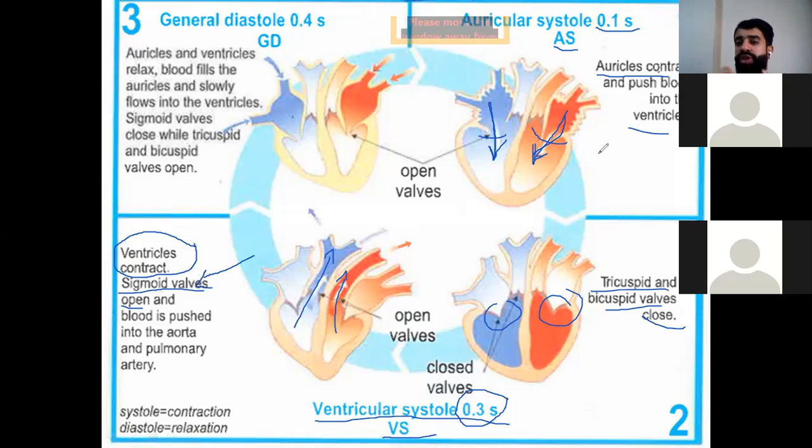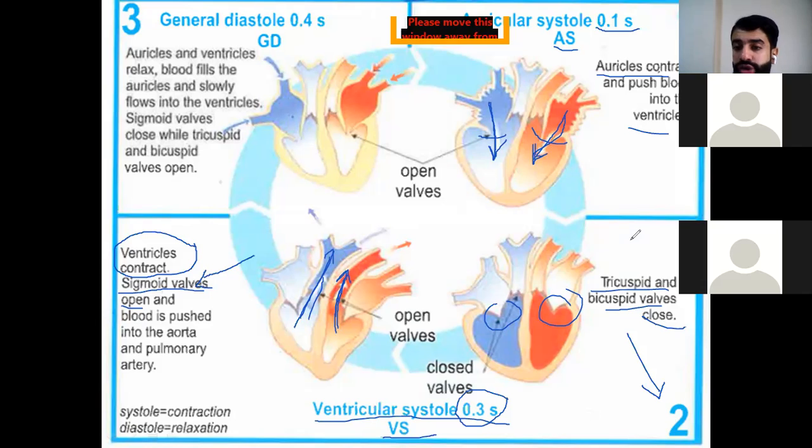Bicuspid and tricuspid valves are open. Ventricular systole, which is the second phase, number 2 here. The ventricles contract, so sigmoid valves open here, and the blood will move to the aorta and toward the pulmonary artery.